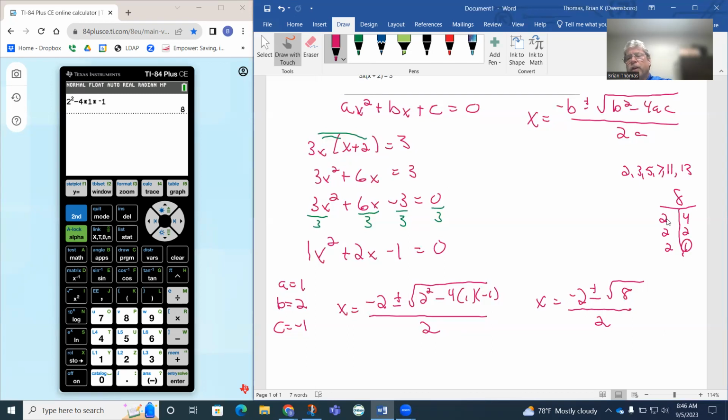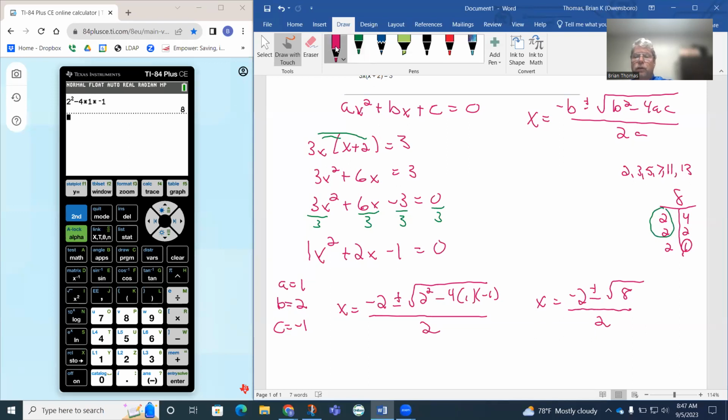So the prime factorization of 8 is 2 times 2 times 2. Now remember, to be a perfect square, if we have 2 of the same factor, we can bring it out of the radical. So what I'm seeing is there is a pair of 2's.